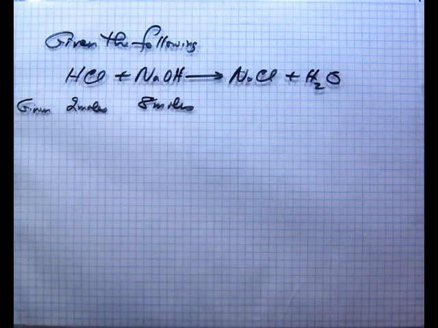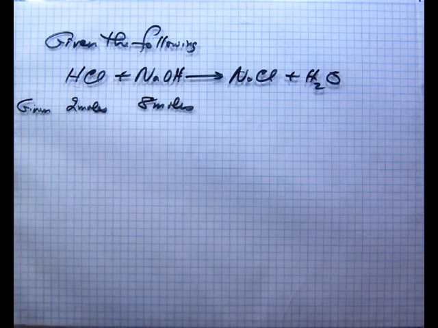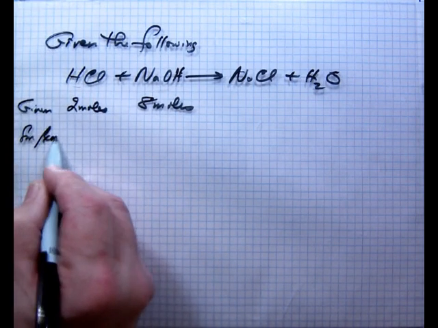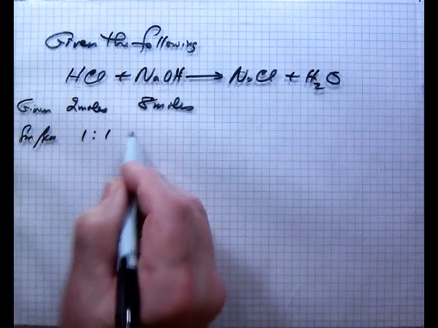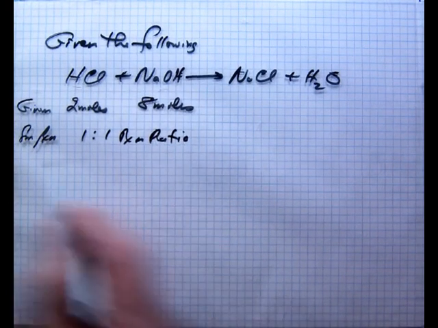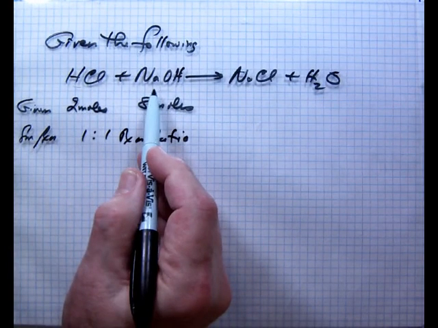Here's a simple example, starting with the same reaction. What we're going to do is add 2 moles of hydrochloric acid into 8 moles of sodium hydroxide, whatever. From the reaction, we know it's a 1-to-1 reaction ratio, meaning that for every mole of hydrochloric acid, I'm going to need 1 mole and only 1 mole of sodium hydroxide.